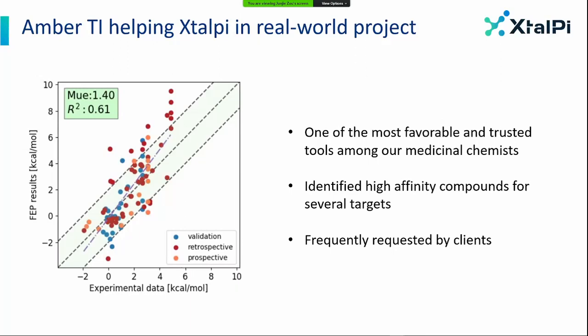We are very grateful that Amber provides such a tool to calculate binding free energy at a reasonable price. And very frequently we are requested by clients to do free energy calculation using Amber TI.